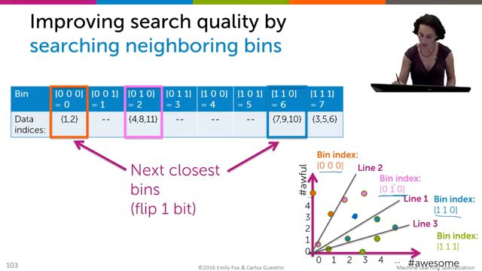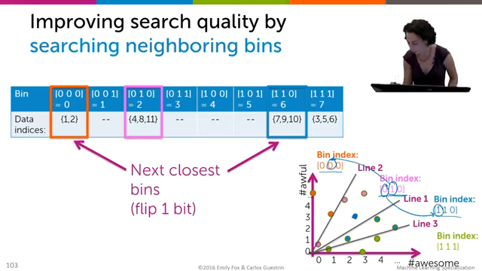So for example, going from a 1, flipping that bit to a 0, we get to the orange bin. Or if we take our 0, flip it to a 1, we get to this blue bin. So it's just changing the score of the point by saying that it just fell on the other side of the line that defines the current bin.